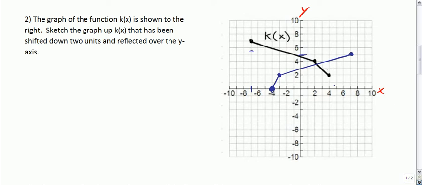So that was shifted down 2 and reflected over the y-axis. That's all you had to do there. Down 2, I can show you again. Down 2, and then reflect over the y-axis that way.